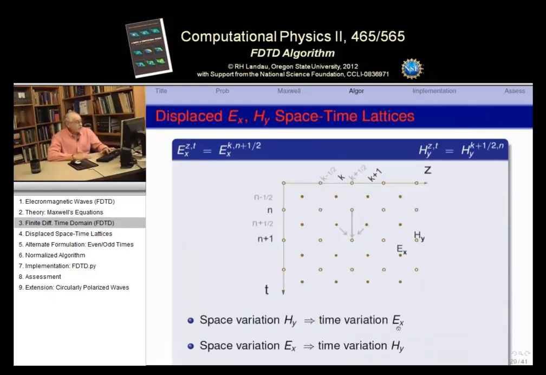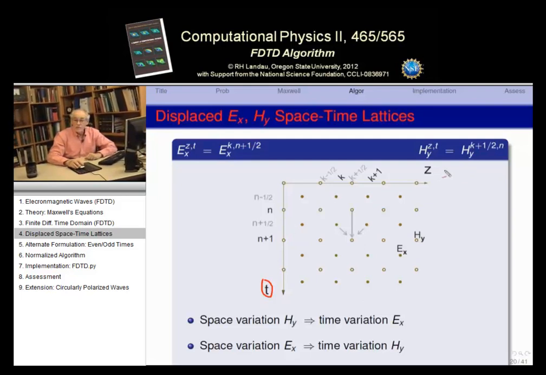So if we look at the next slide, we implement this by saying we have two grids. We have one grid, if you want, a space-time grid. So this is time going forward down below, and here's space going off to the right.